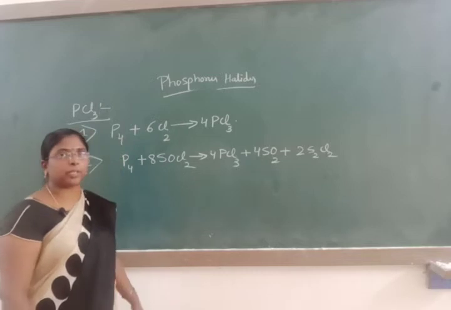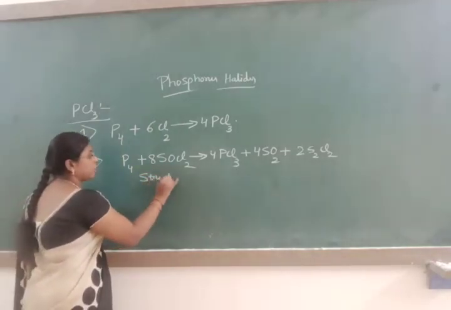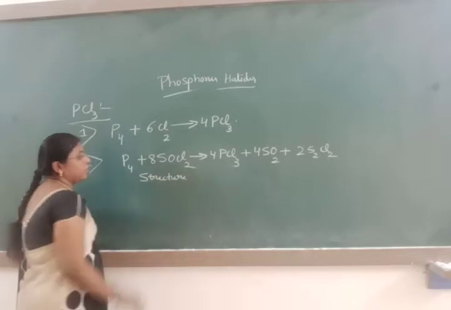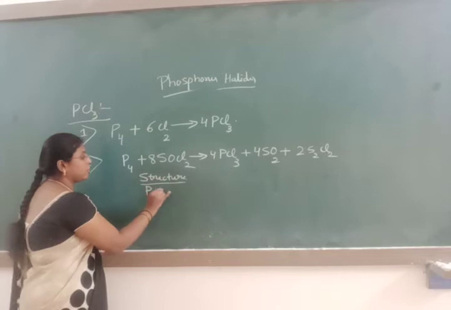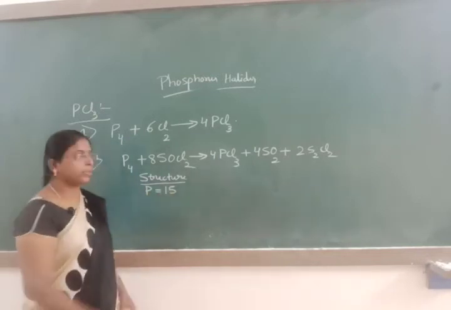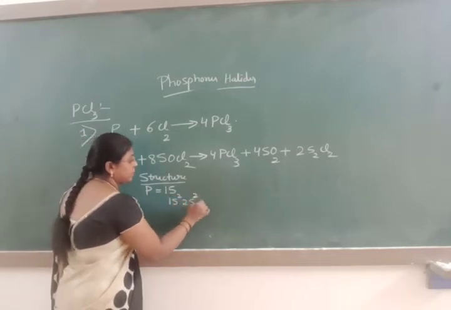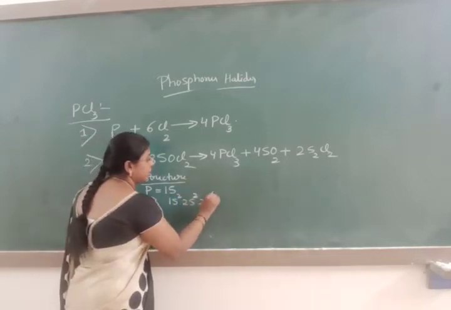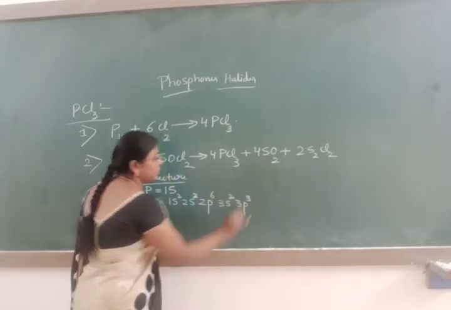Let us see the structure of phosphorus trichloride, how it is. You know that the atomic number of phosphorus is 15. I can write the electronic configuration as 1s2, 2s2, 2p6, 3s2 and 3p3.